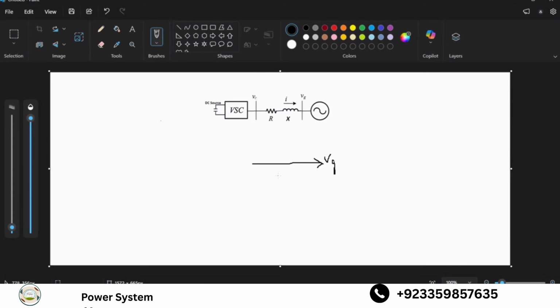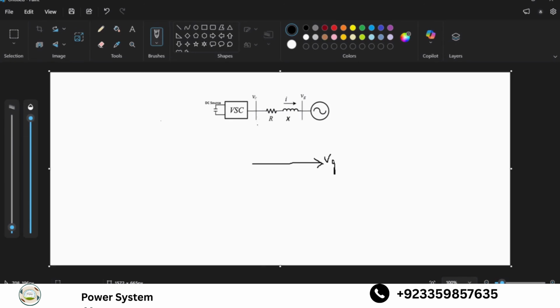Now if you look at it, by controlling the switches of this inverter in a certain sequence, I could create a VC of voltage magnitude and phase however I want.